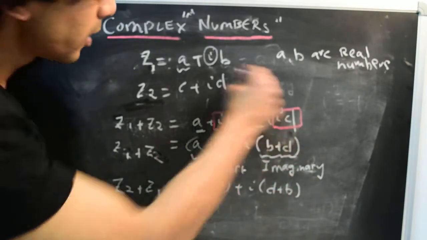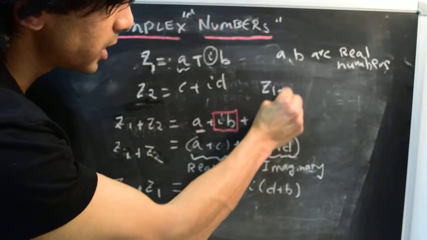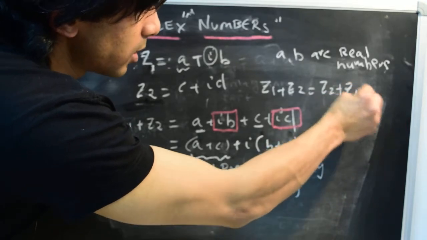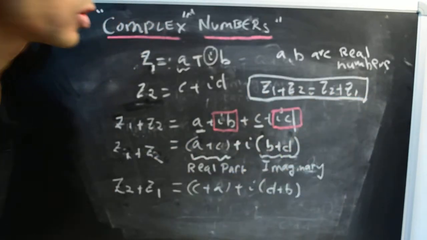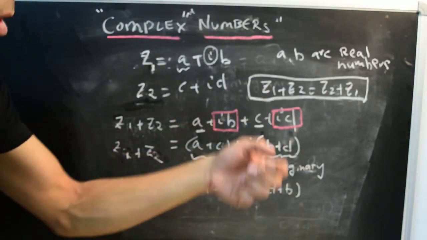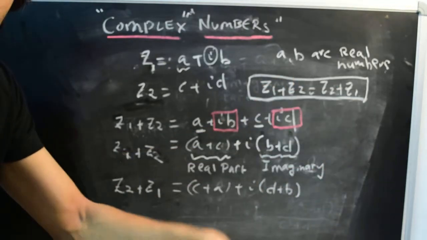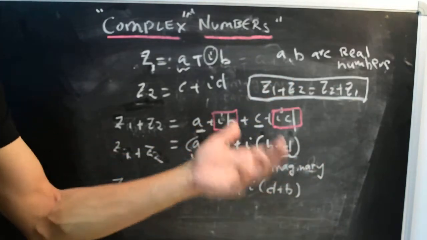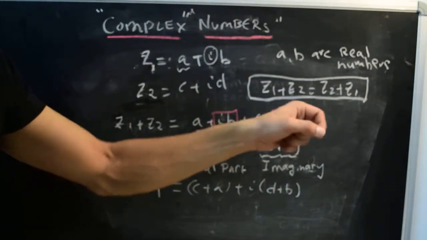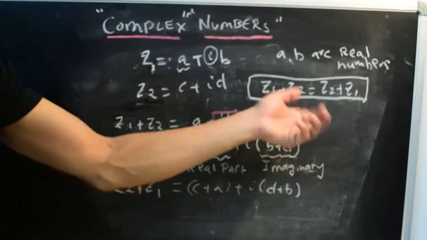So with this definition of complex numbers, z1 plus z2 equals z2 plus z1, which is one of the rules that an object needs to satisfy for it to be called a number, and this rule says that addition is commutative. So given this definition of complex numbers, their addition is commutative.